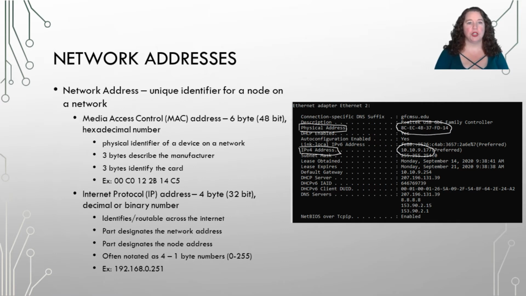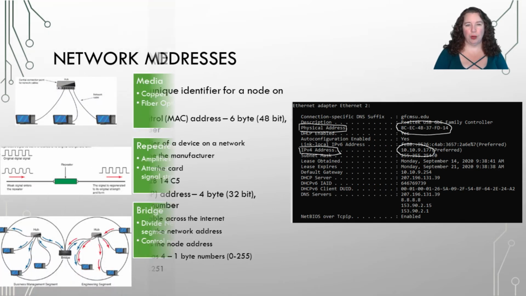This is just an introduction chapter that is going to describe how the MAC address is used within a LAN and how we need an IP address if we want to get out to the internet. So going out to the internet, you need an IP address. If you're staying inside your LAN, you can do it with just a MAC address. Those are different ways to identify your node, your individual device on your network.